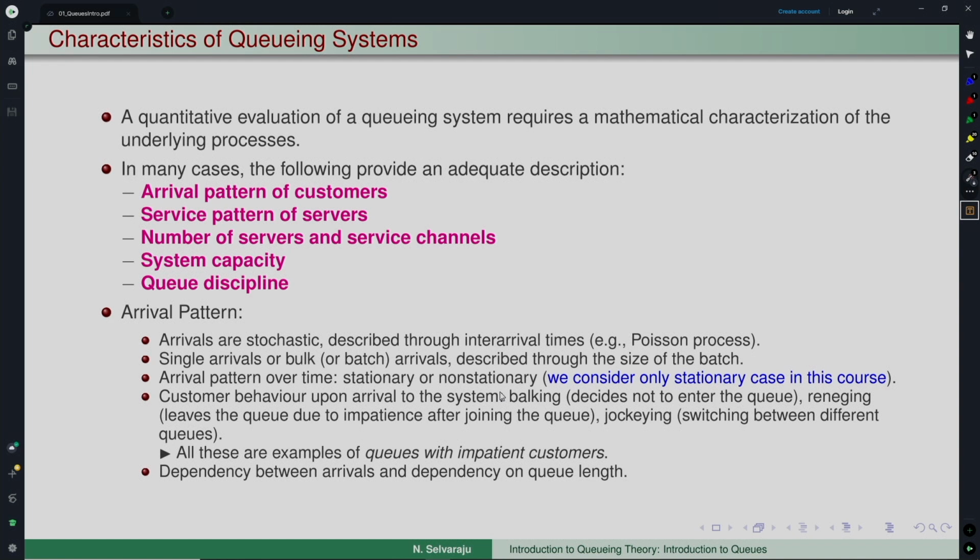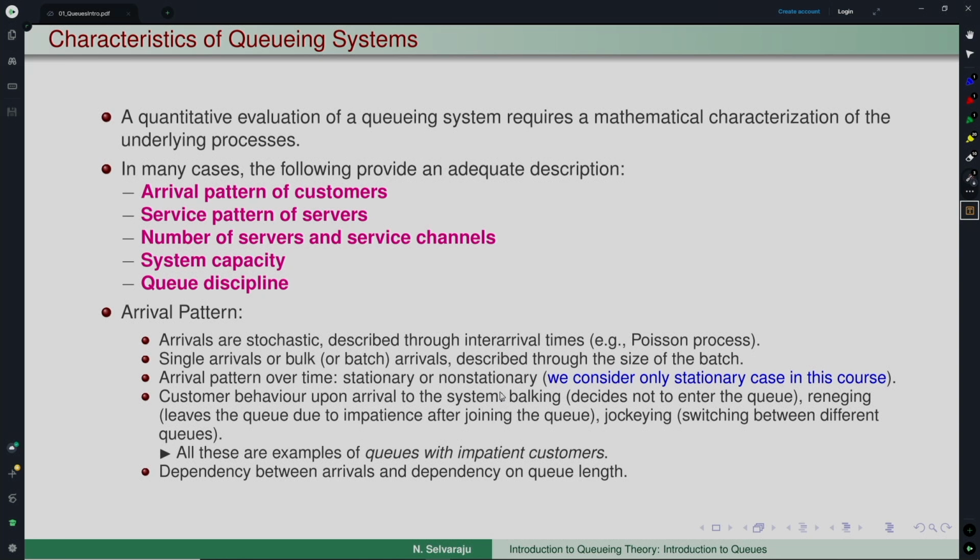For example, in a restaurant, during morning breakfast time, lunch time or dinner time, the arrivals could be more in number, and the rest of the time you will have very few arrivals.